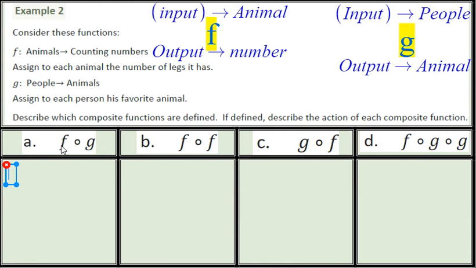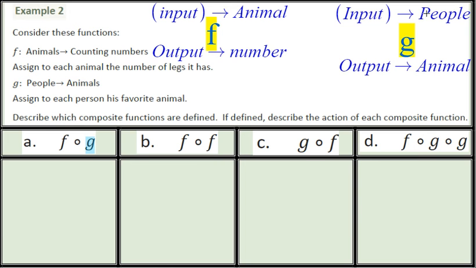So letter A, f of g. Now, the first thing we have to remember about composition is we do it from the inside out. So I'm actually going to focus on composition of g. What's going on with function g?